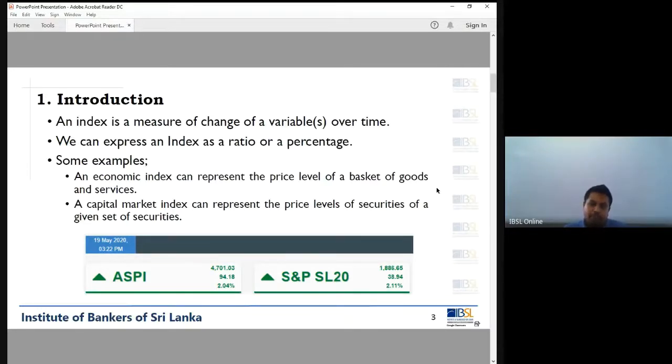at one particular point, let's say at the beginning of 2020. And the value of the same basket we are going to measure in the next point. Let's say the next point I'm going to define as 2021. So the weight that we are going to assign for 2020 shall be the individual items that we are going to assign for that basket and the number of items.